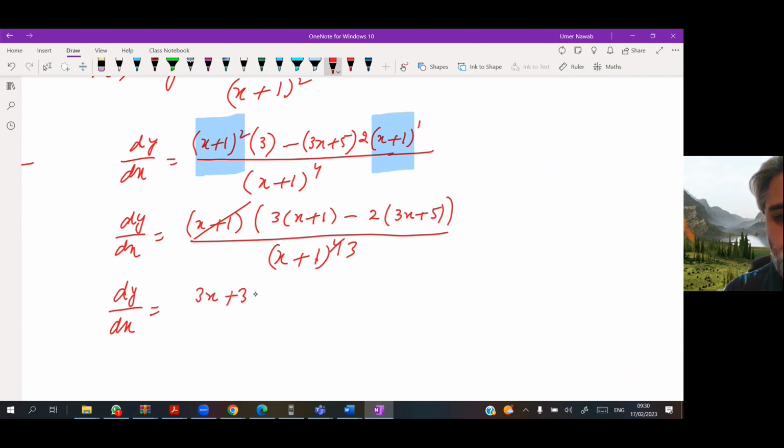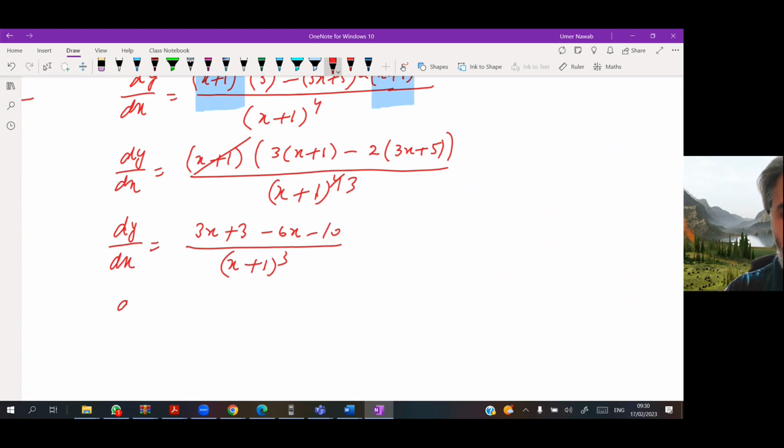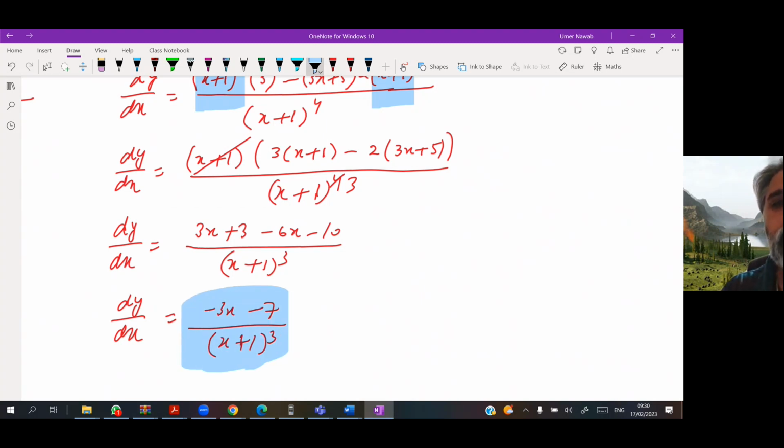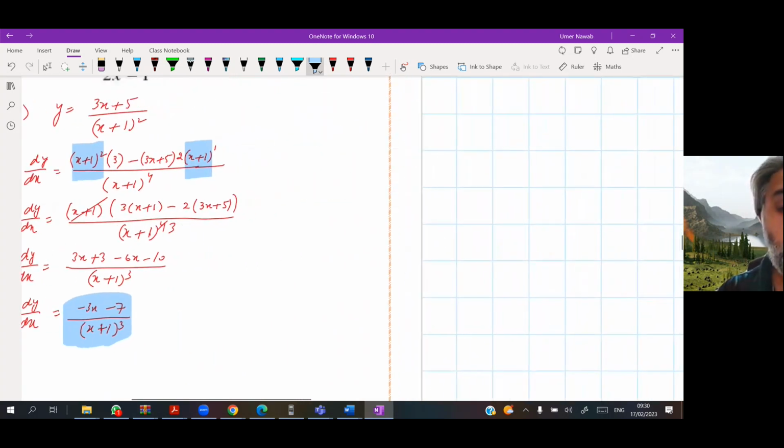Open the brackets. Make sure there is a minus sign outside. That's the final answer. So I have applied some algebra properties here. You can look into it.